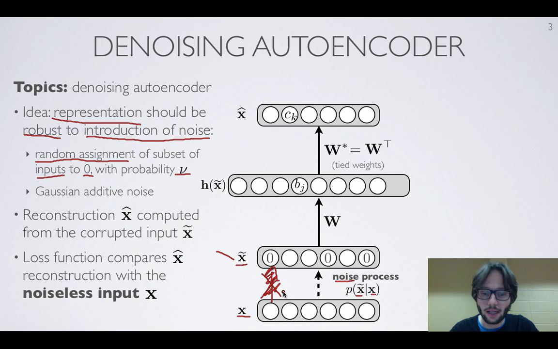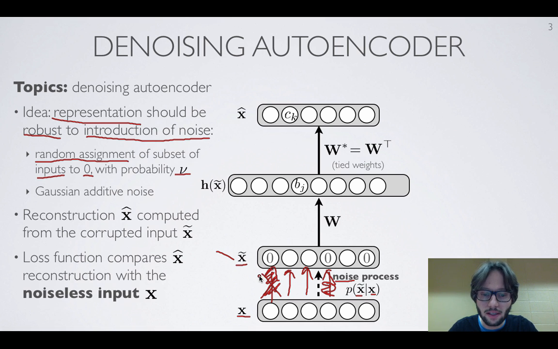Here I flip a coin, I get a different outcome which says copy, so I copy it here. Here I don't copy it, and so on for all the input elements. So we do this randomly. If we did that another time for the same input x, we would get a different pattern of zeros. That's actually crucial.